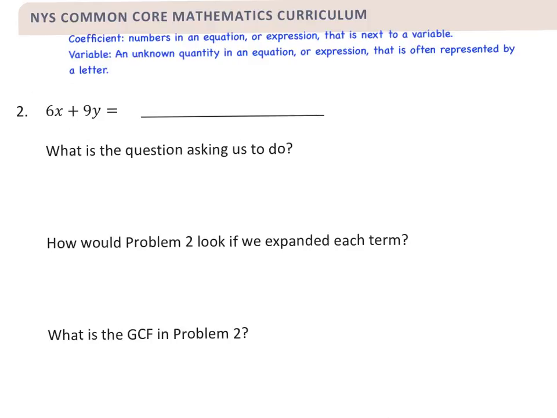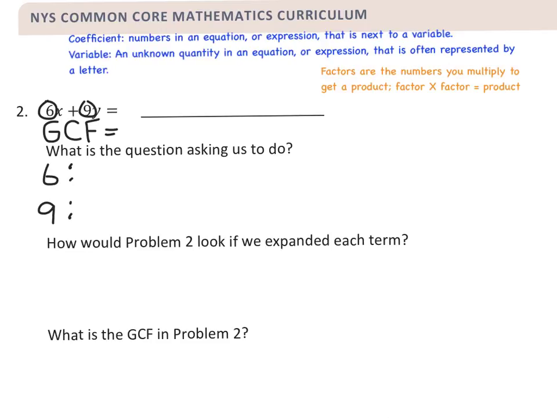So the first step we're going to do is find the greatest common factor of 6 and 9. Now, if you know your math facts, this is pretty simple. If not, write the two numbers down, put your semicolons, and go through all the factors. Factors are the numbers you multiply to get a product. So it's factor times factor equals product. So when 3 times 4 equals 12, 3 and 4 are both factors.